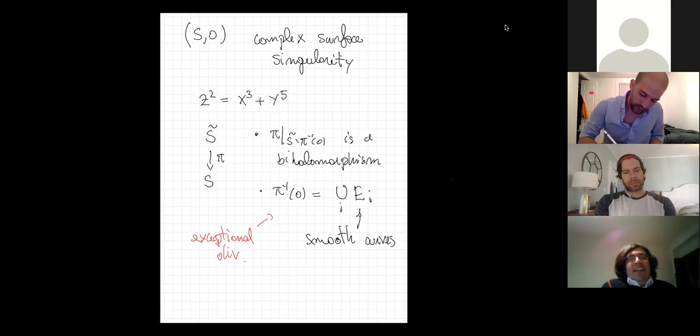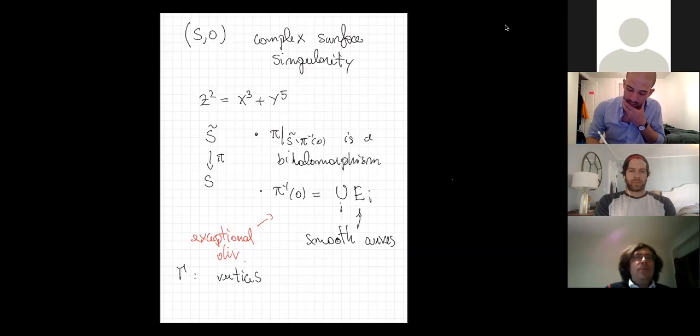Once you have this resolution, you can encode the combinatorics of the exceptional divisor in a graph gamma with one vertex for every irreducible component of the exceptional divisor, and then you connect two vertices of this graph if the two corresponding curves intersect.